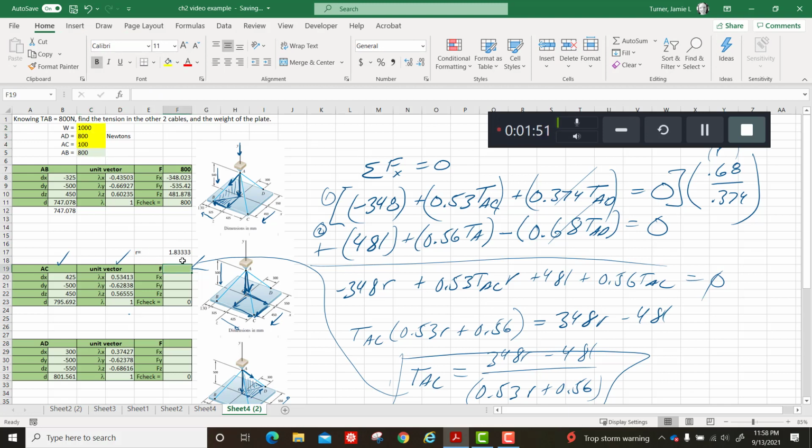Now, okay, so here's AC, and I am going to link it up here to our guess. And at AD, I'm also going to link up here to that guess. And I'm going to crank through this as if that guess was correct.